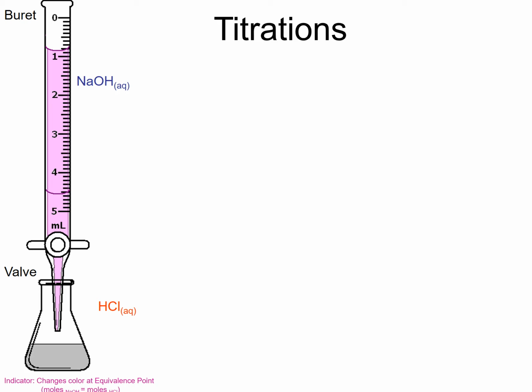Now, this is an acid-base titration. A titration is performed when you have a burette, as you can see here, and the burette with its valve is used to add, in this case, small amounts of sodium hydroxide to the hydrochloric acid that you see in the little Erlenmeyer flask down below. As you add sodium hydroxide to hydrochloric acid in this way, you're going to observe eventually a persistent color change.